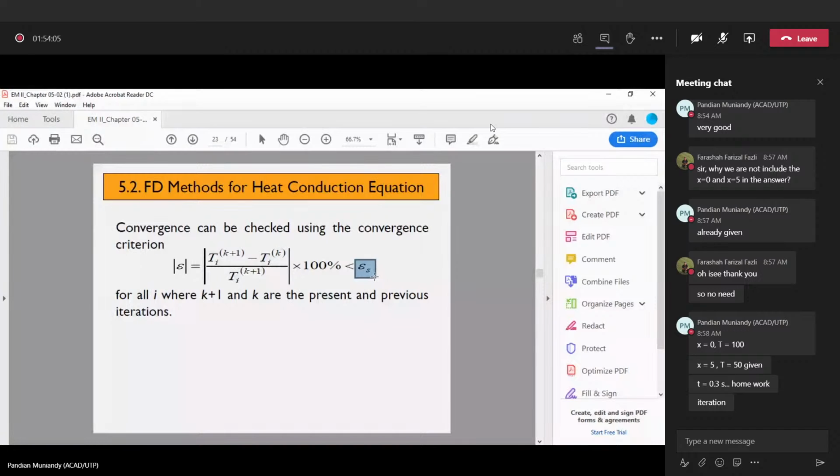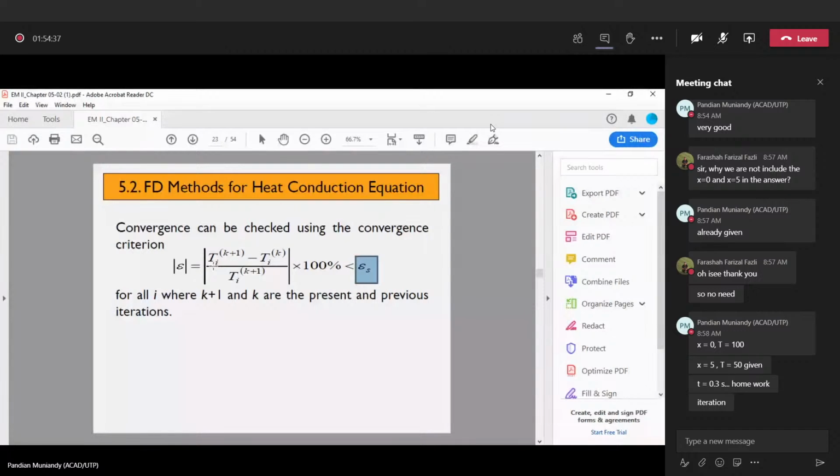So what we are trying to say is this epsilon subscript s is the given value. So you can minimize the error. Let's say they gave you 20% error. But when you do the iteration, this is k plus 1. You see T superscript k plus 1 minus T superscript k, divided by T superscript k plus 1. What is k plus 1? What is k? Capital T is temperature.